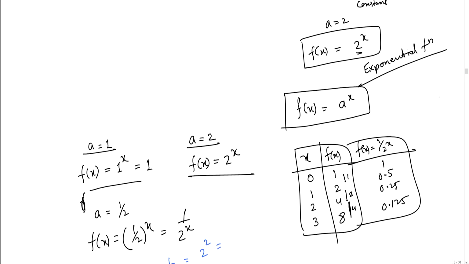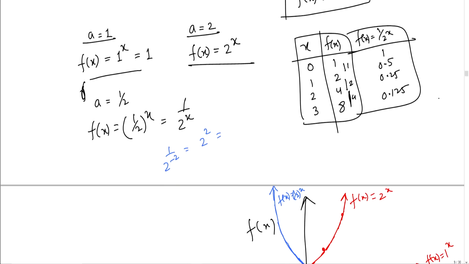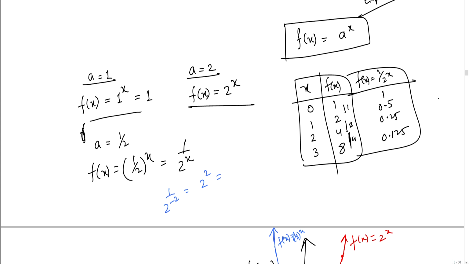Well, the graph is not defined at a equals 0, and when a is less than 0, then also we do not call it an exponential function, because the behavior of that function would change drastically if you take a less than 0, and it won't be defined at multiple points, right? Then it's not an exponential function.